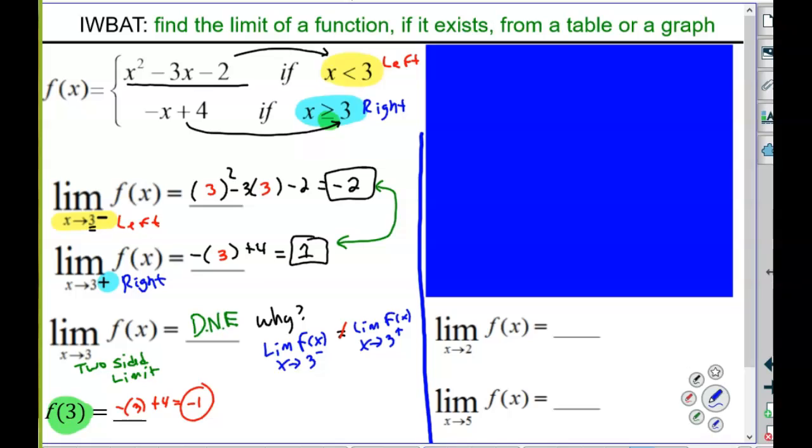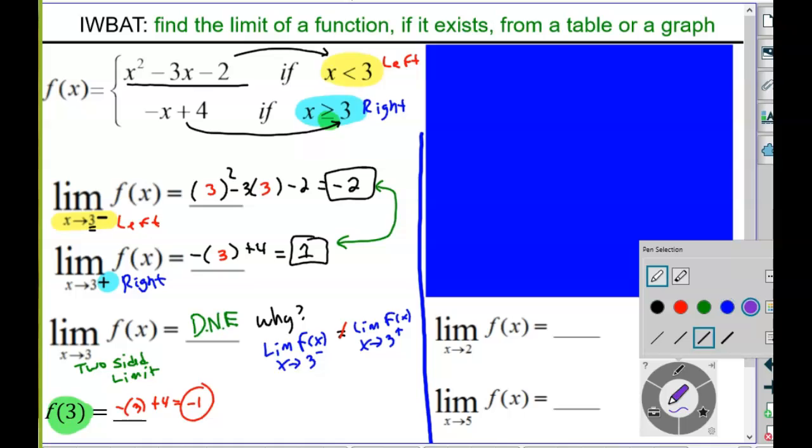Let's take a look at these. These are kind of tricky. I was curious how you're going to approach them.